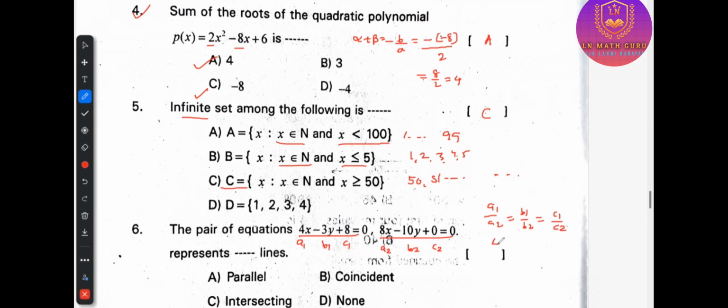Now A1 by A2 is 4 over 8, B1 by B2 is minus 3 over minus 10, C1 by C2 is 8 over 0. So 4 over 8 cannot be equal to 3 over 10. So the condition is that A1 by A2 is not equal to B1 by B2. The lines are intersecting. So I can give option C here.